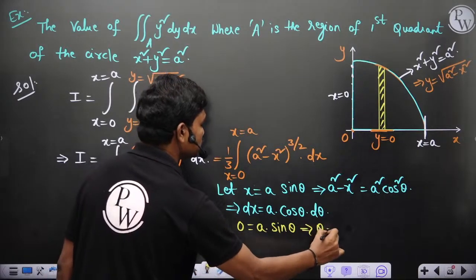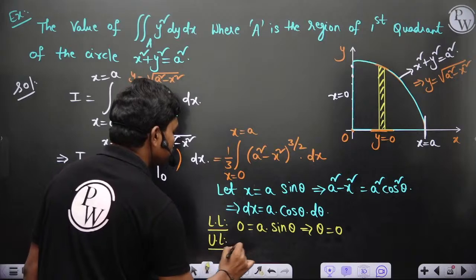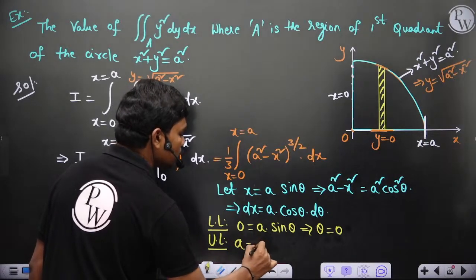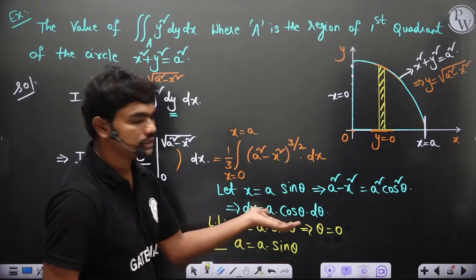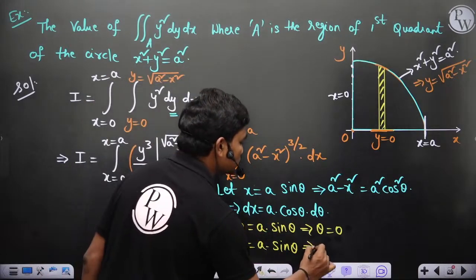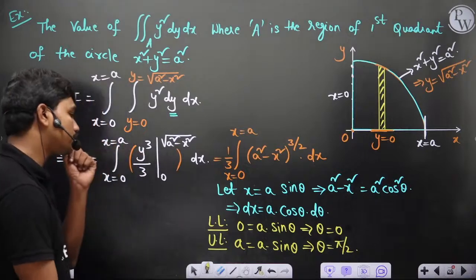So theta is 0 within this domain. And what about the upper limit? a is equal to a sine theta, because x is equal to a sine theta. We have done these substitutions in single variable calculus. So this tells you theta is equal to pi by 2, of course.